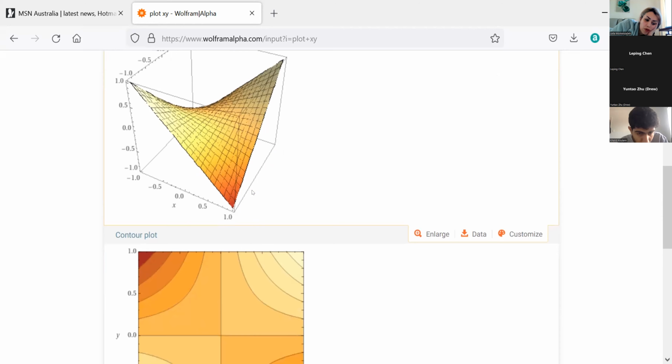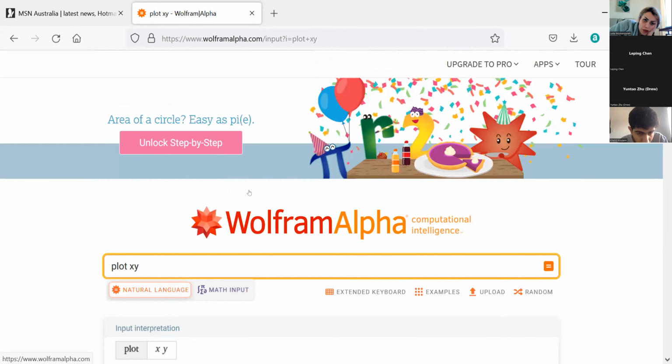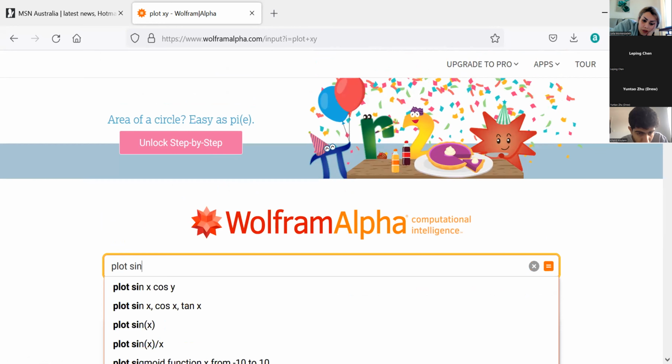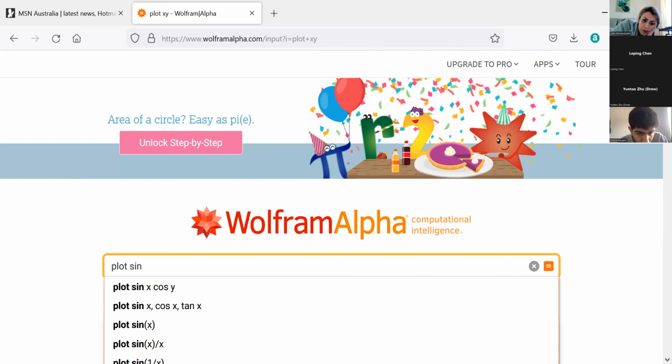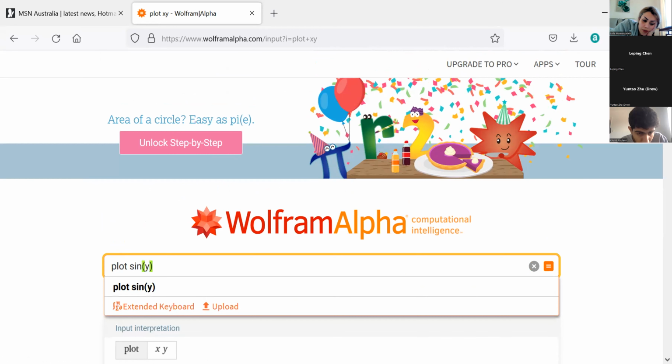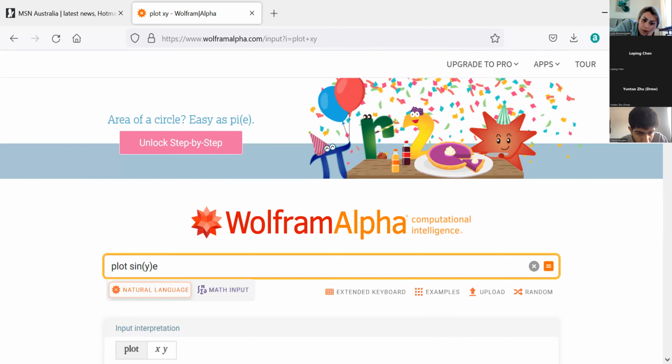Another example, or the first one that I told you today, sine y, better put in the bracket, sine y, e to the x over 5.